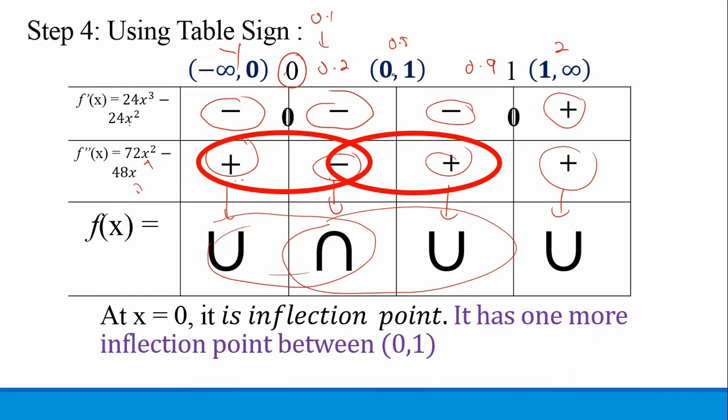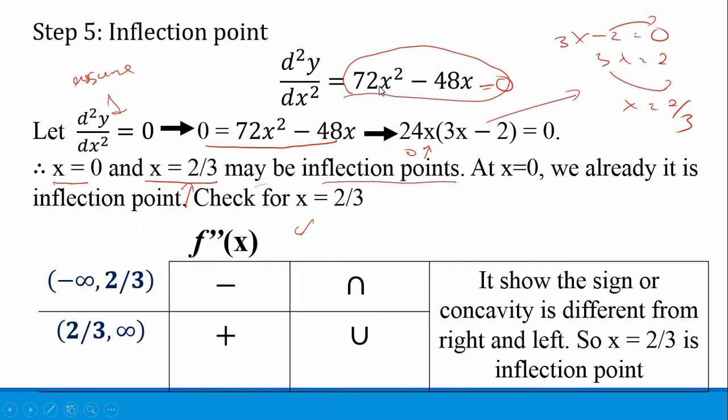This one we haven't proved yet, so I take 2 over 3. For the intervals around 2 over 3, the nearest one is 1 over 3, and on the other side the nearest is 1. So I put 1 over 3, and then 1.